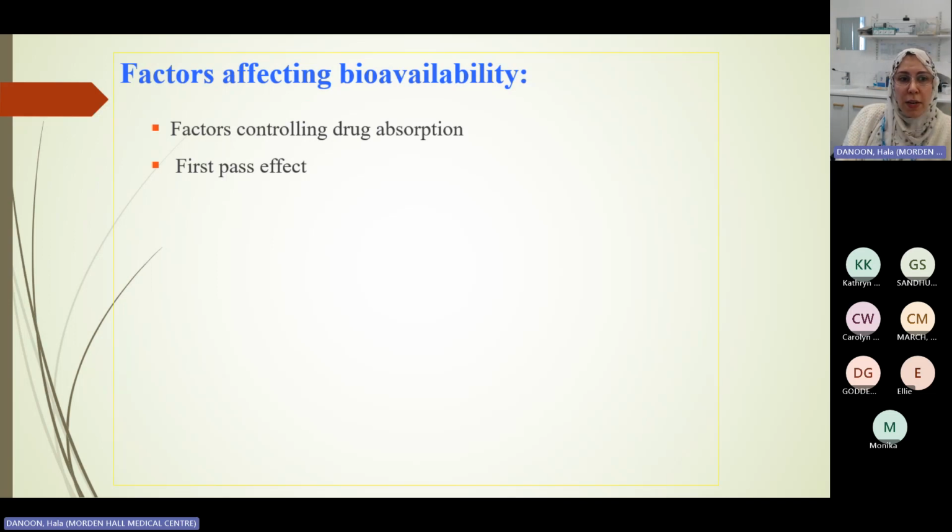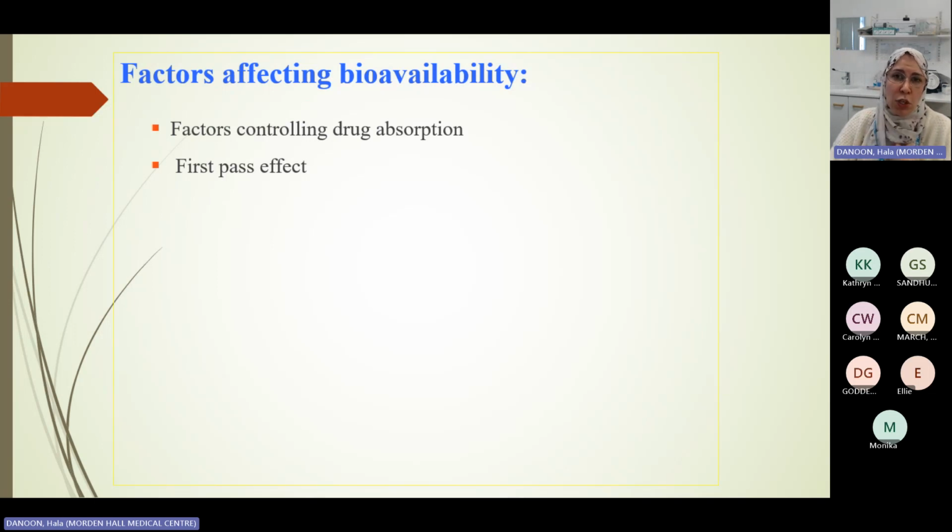Factors affecting bioavailability. There are quite a few factors that can affect the bioavailability, and the first is the first pass effect, where the medication goes through the liver, gets metabolized, and then gets released into the bloodstream.